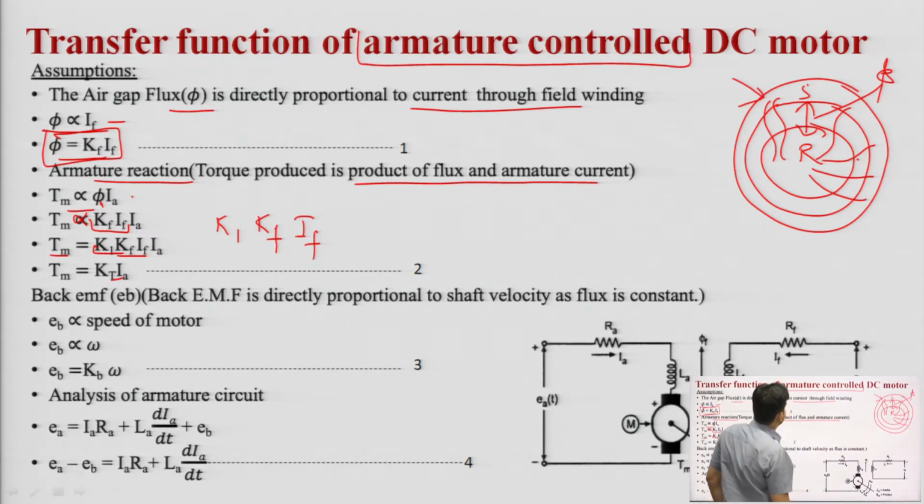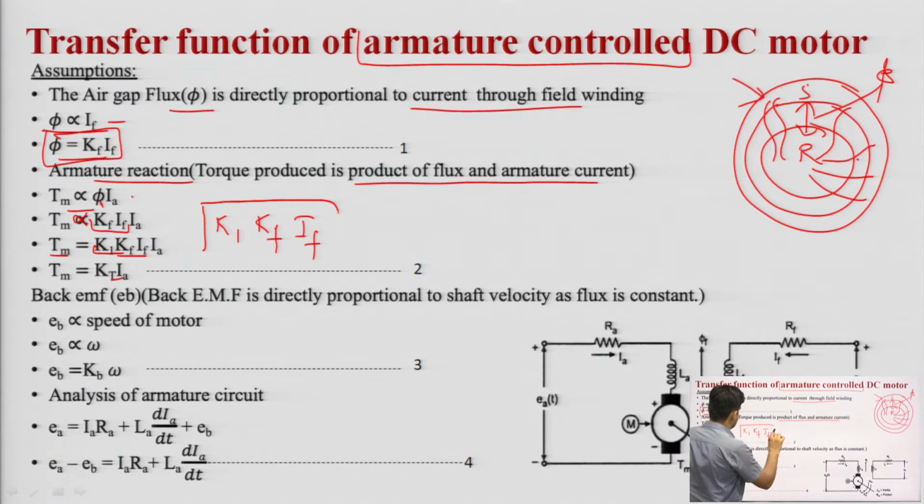Whenever we assume armature control, the field current is constant. When we decide on field control, in that case the armature current is constant. In this case we are talking about armature control, so we assume that the field current is constant, and I will take the whole thing as a constant given by K t I a.